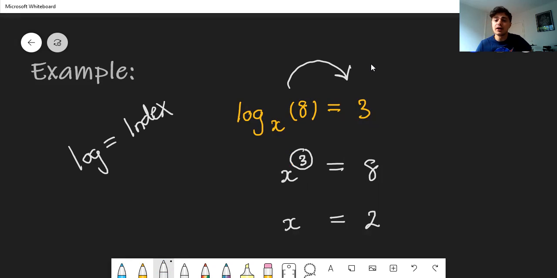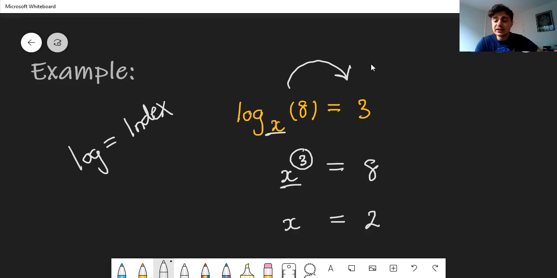So as soon as we've got that right, we've got something to the power of 3, and the base number is always going to be underneath that power. The base number of the logarithm is x, so it should be x to the power of 3. There's only one number left, and that's 8. So it must be x to the power of 3 is equal to 8.